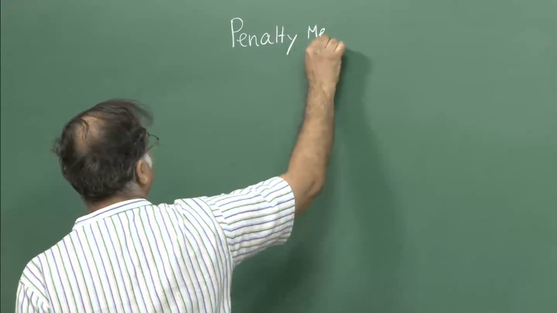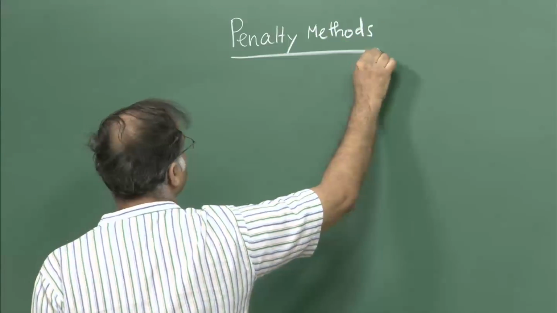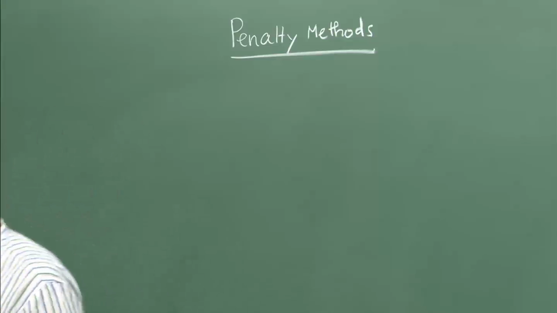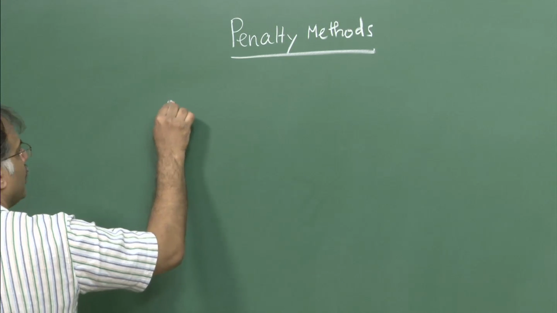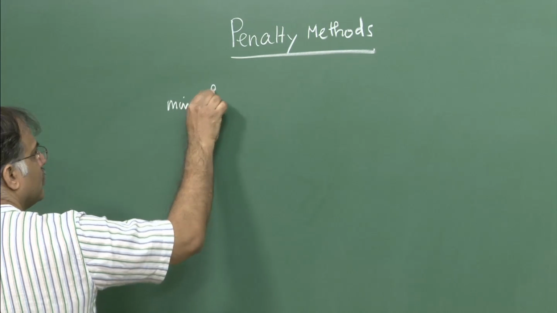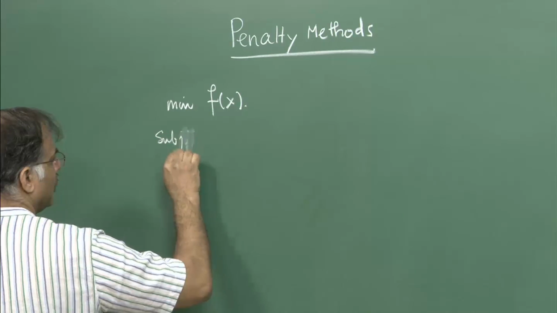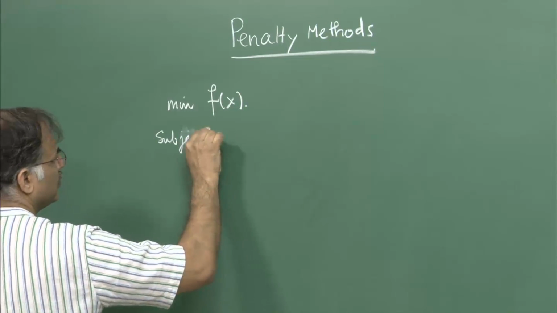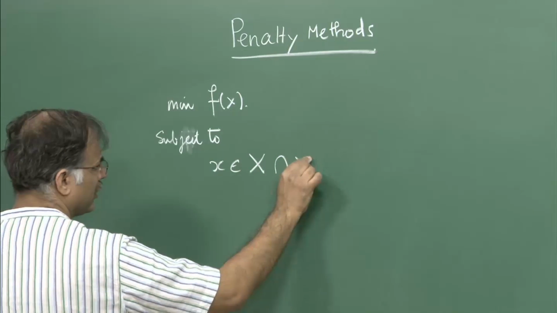What does it mean by a penalty? We will first do it in a very general form and then go to some specific cases. So, let me ask you to minimize the function f of x subject to x belonging to capital X intersection X naught.